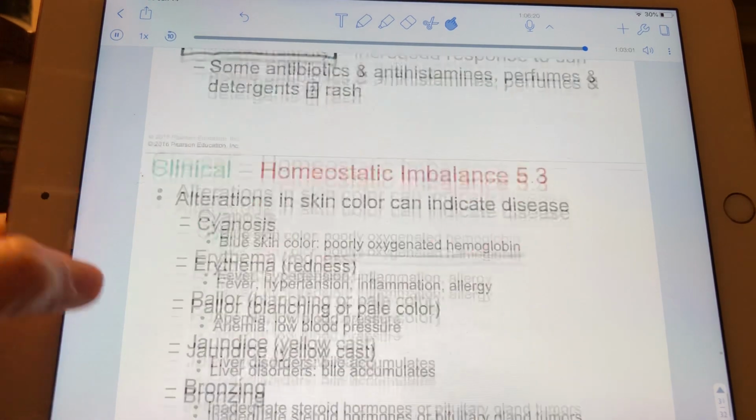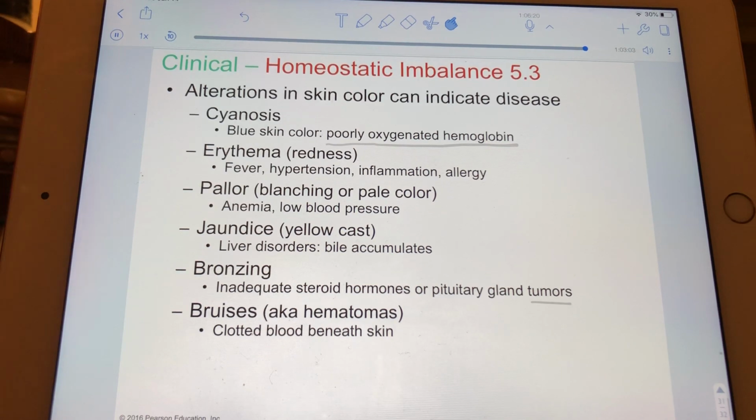Moving on to slide 31, there are many different colors that may be expressed in the skin. And if we see a certain color or a certain tone shining through, then we can sometimes predict what the underlying issue might be. So, for instance, if someone presents with cyanosis, then their skin has a blue hue.